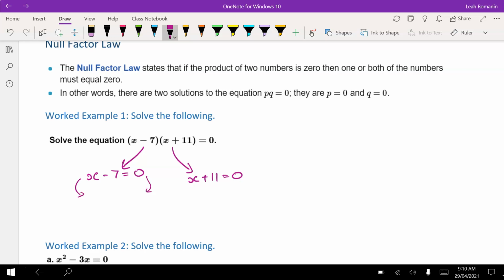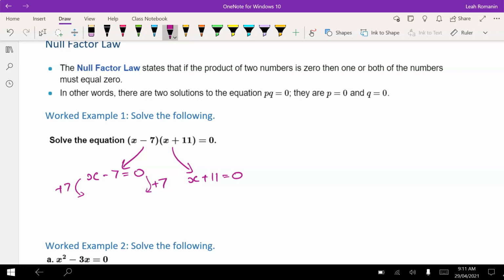We're doing the thing where we're doing something to both sides. So if I have x minus 7 and I want to get that x by itself, can someone suggest to me what I'm going to do with that 7? Good, I'm going to plus 7 to both sides. Just as a reminder, the reason I'm doing that is because I want to cancel out this minus 7 on my left side so I can get x by itself.